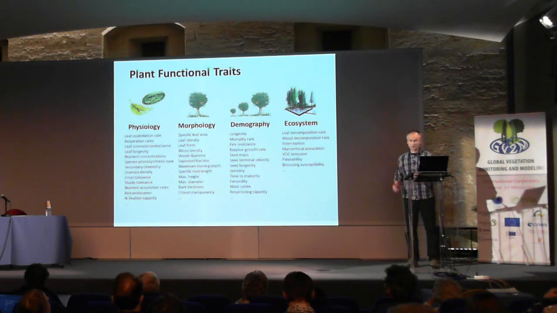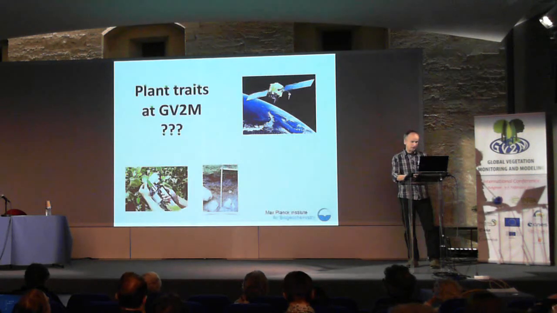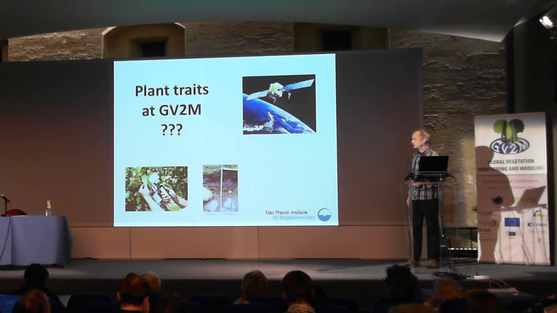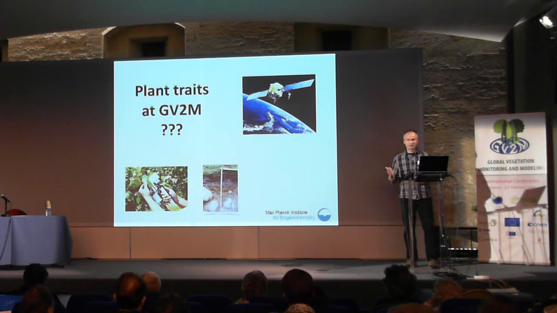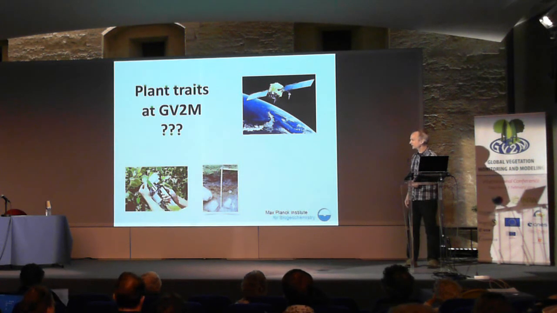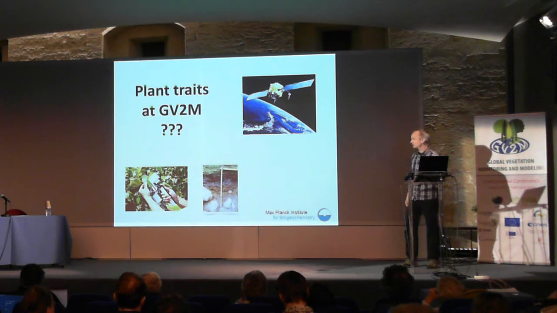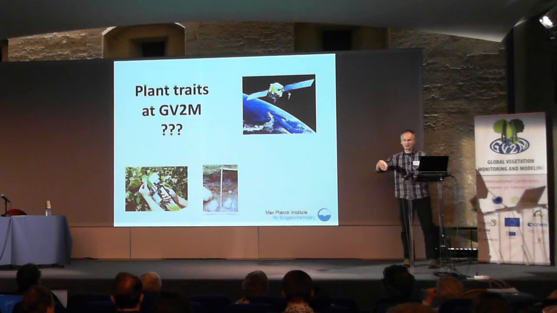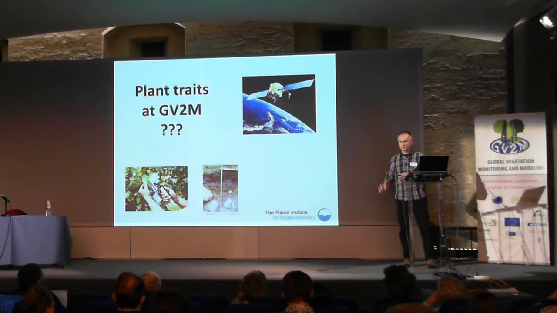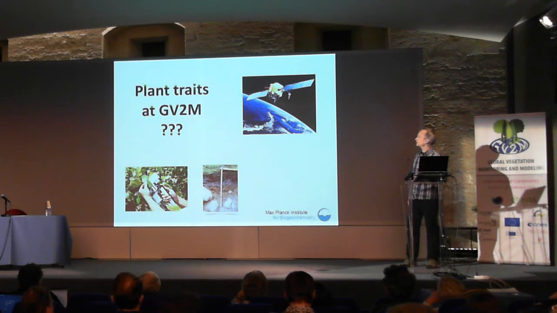Some are related to leaves and others to roots and so on. And I really come from the other end of the spectrum. From my point of view, traits are measured like this: you go to the plant, you take one leaf and you measure that leaf. Or you dig into the earth and you measure a few of those roots.